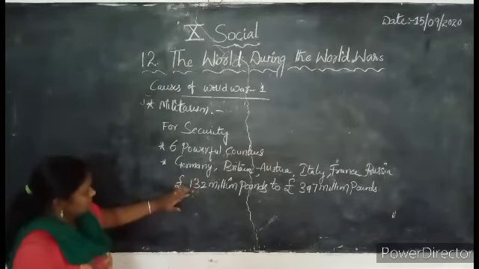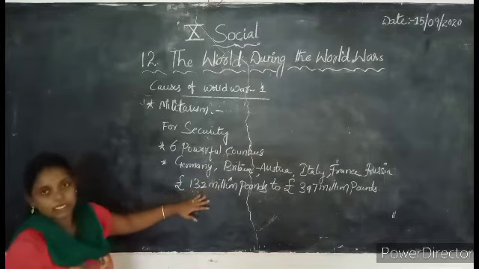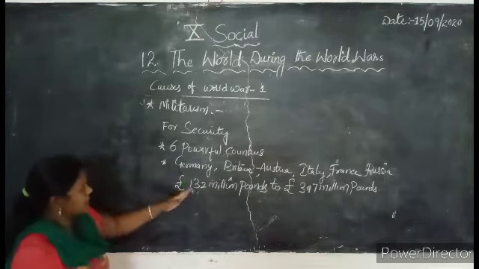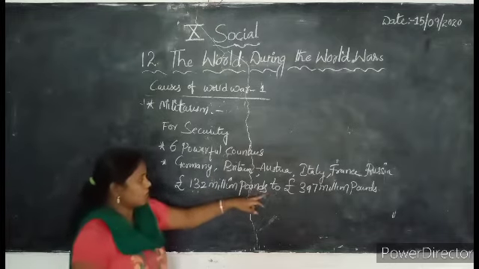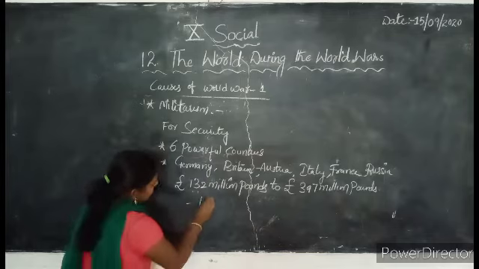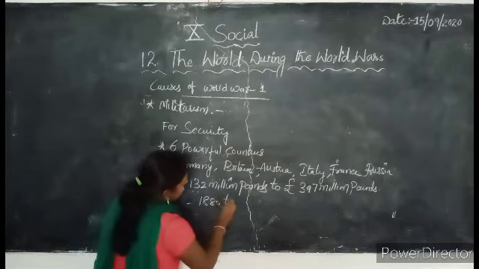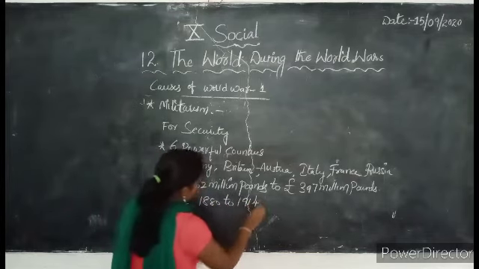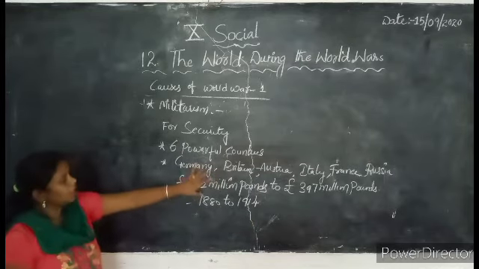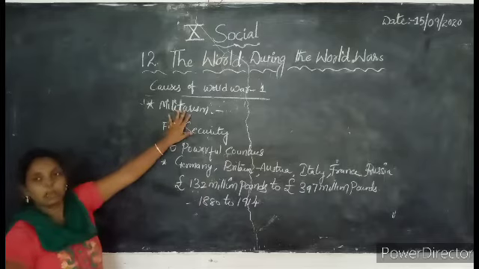These six powerful countries spent a large amount of money on increasing their military power, 132 million pounds to 397 million pounds, between the years 1880 and 1914.